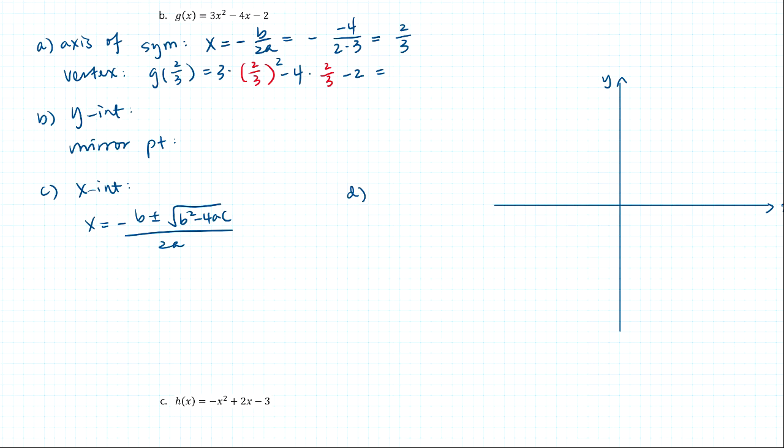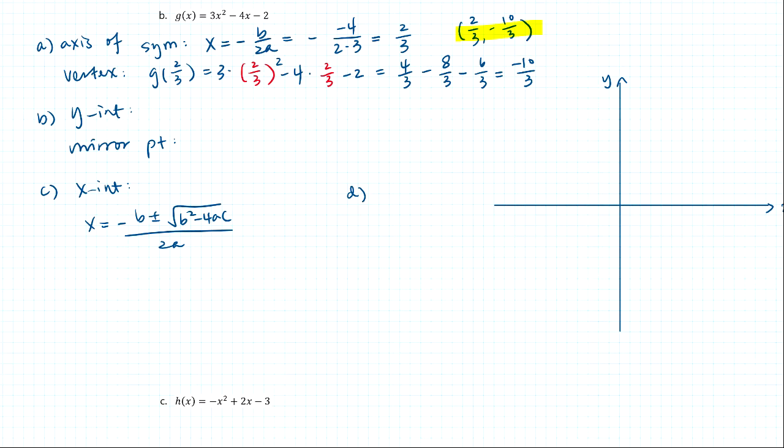And this becomes 4/3 overall as a result. Minus 4 times 2/3 would be 8/3. Minus 2, again, it's a good thing to convert 2 to 6/3. Altogether, we should get negative 10/3. So I know my vertex is going to be 2/3, negative 10/3. That's the first key point we get.